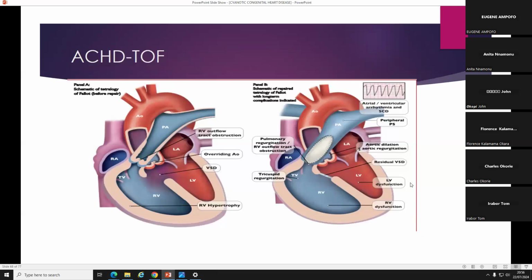This is just a slide showing pictorial representation of repair for TOF and the possible complications following repair. They can have pulmonary regurgitation, or right ventricular outflow tract obstruction. It can present with ventricular arrhythmia.